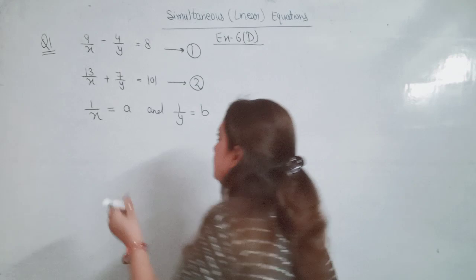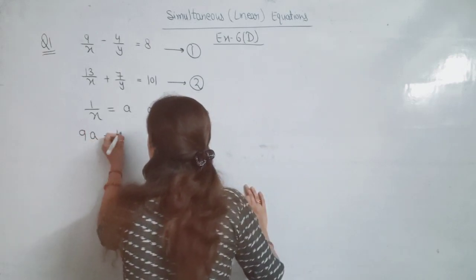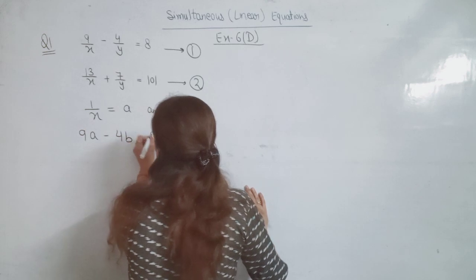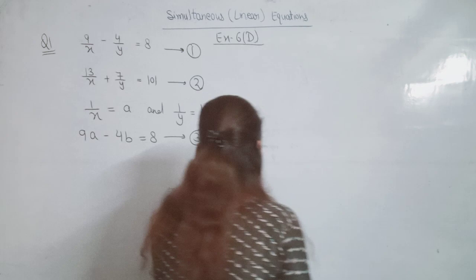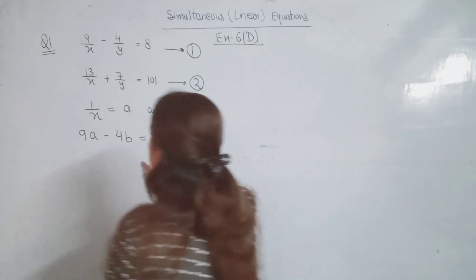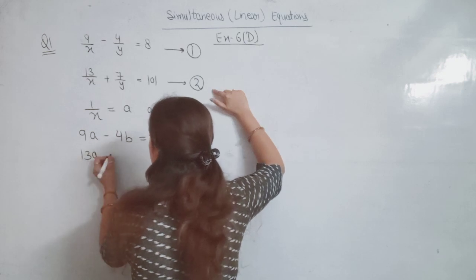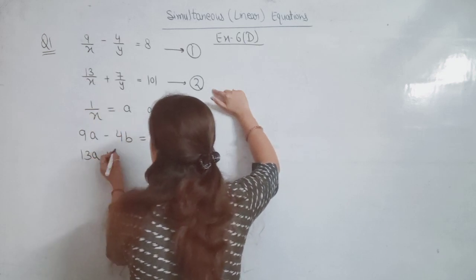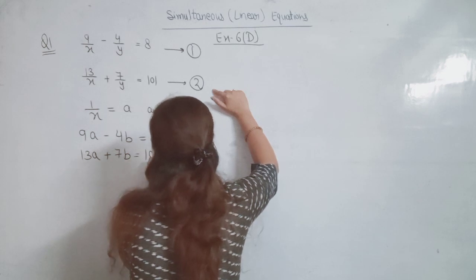So let's do it. It will be 9a minus 4b is equal to 8. This is equation 3. And the second equation, 13a plus 7b is equal to 101.